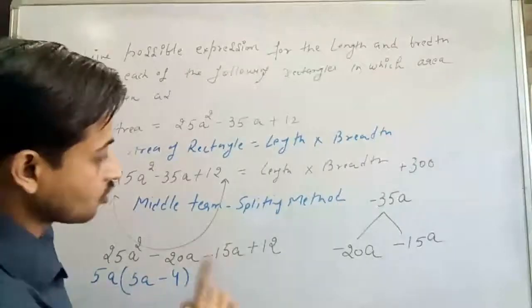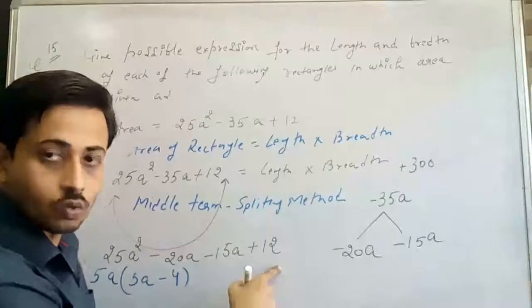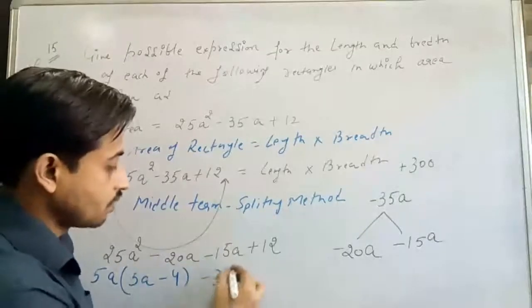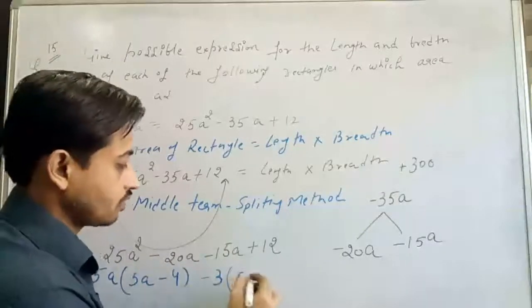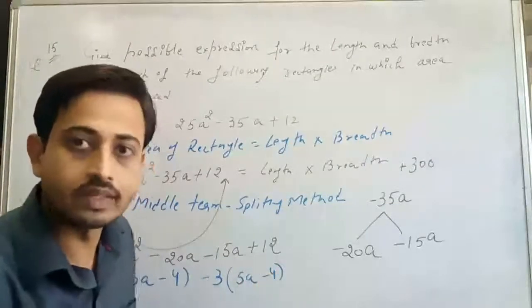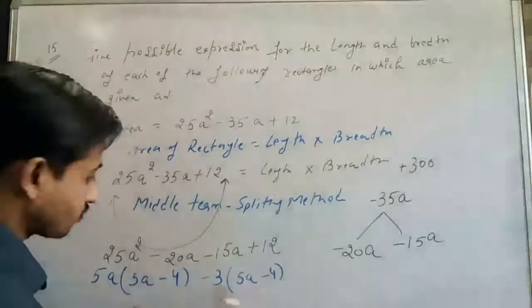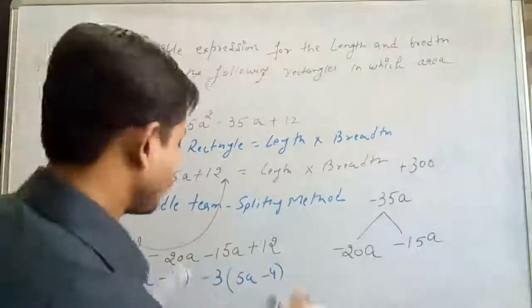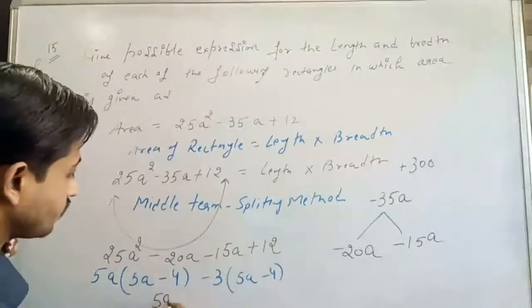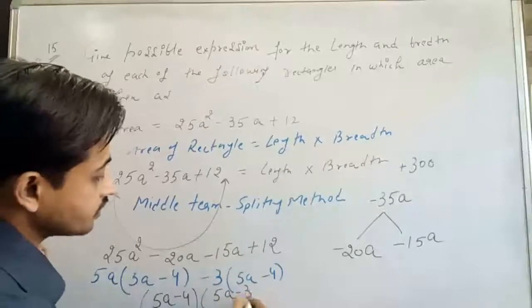Same here, the common factor is 3. 3 into 5 is 15, 3 into 4 is 12. So I am going to take negative 3 common. It becomes 5a minus 4. So 5a minus 4 is common, and we get 5a minus 4 and 5a minus 3.